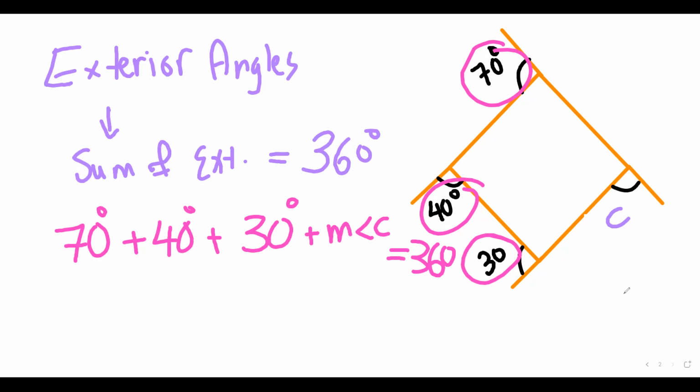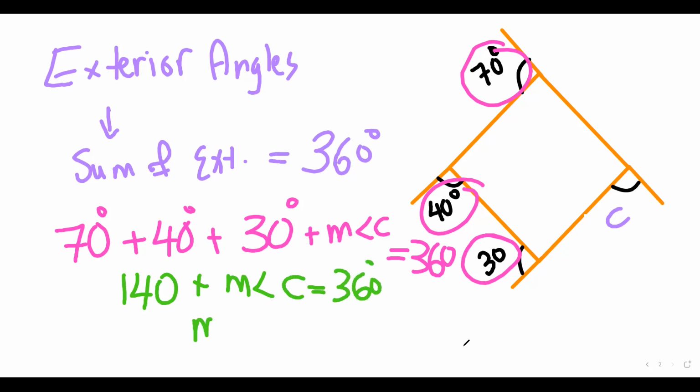So 70 plus 40 is 110, plus 30 is 140, plus the measure of the angle C is 360.